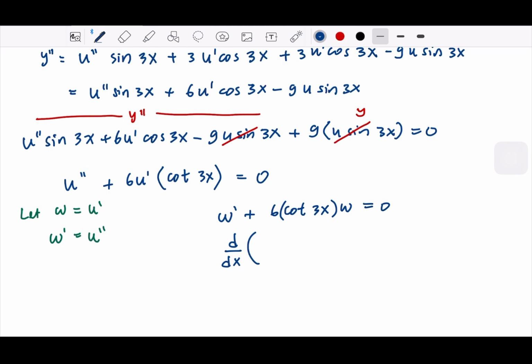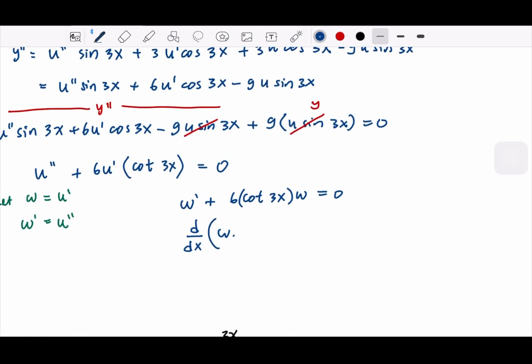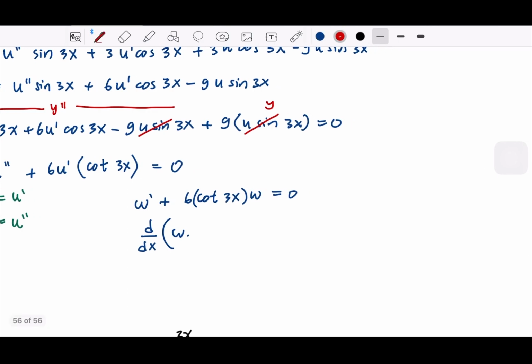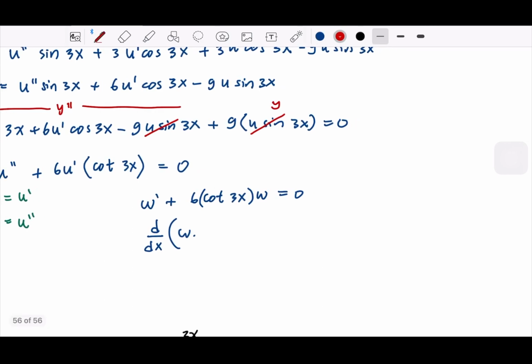It's supposed to be w multiplied with something that should result in cotangent 3x. If you want to take guesses, cotangent is cosine 3x over sine 3x, right?